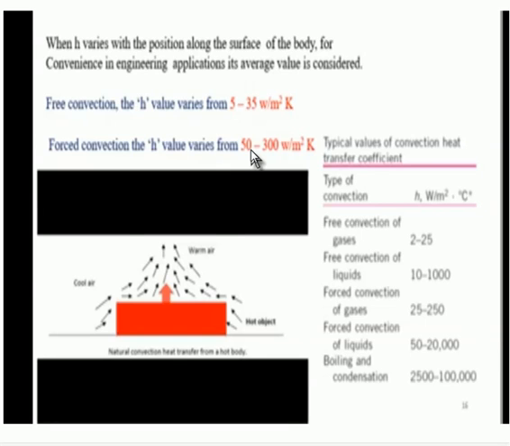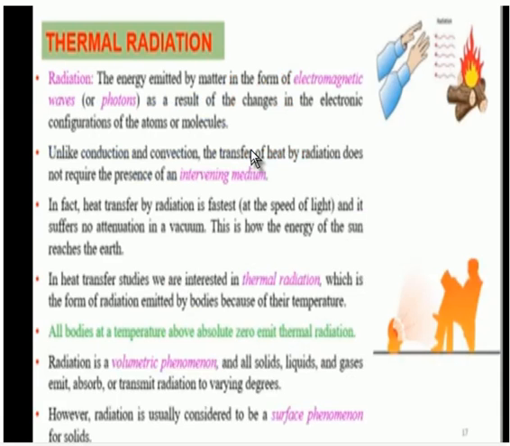Next is thermal radiation, the third mode of heat transfer. First we should know what radiation is. Radiation means the energy emitted by matter in the form of electromagnetic waves or photons as a result of changes in the electronic configuration of the atoms and molecules.